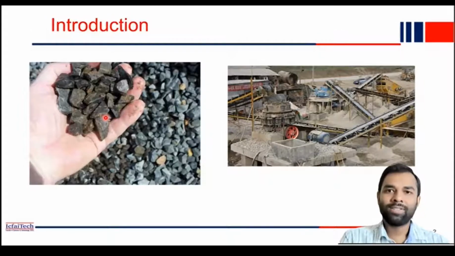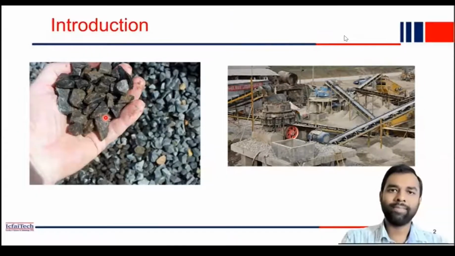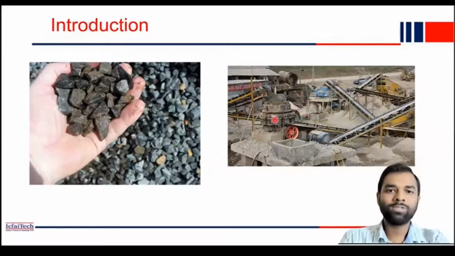Okay, so these are actually the coarse aggregate. Today we'll be discussing about the sieve analysis of coarse aggregate, which is, dimension is more than 4.75 mm. So now, so if you see in a site, this type of crushing machines are available. In this crushing machine, basically, these big stones are kept and it is broken into small parts.